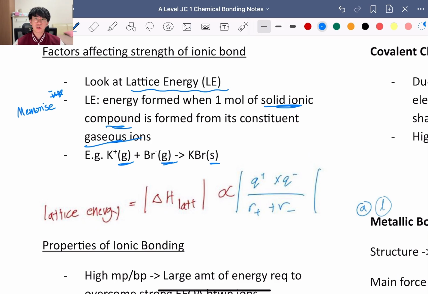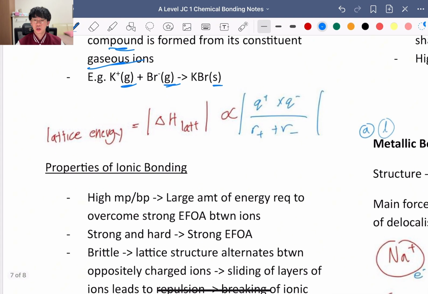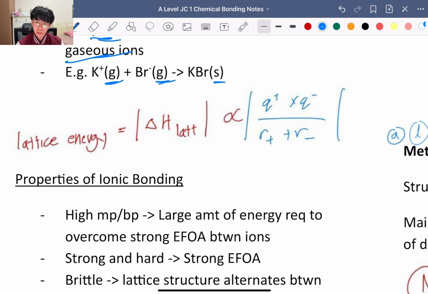So all you need to know now is that lattice energy is dependent mainly on the Q and the R. So Q is the charge of my ions. So you realize there's a plus and there's a minus, because plus is for cations and minus for anions. And then R is the radius. In essence, I'm looking at the charge density of both the ions.